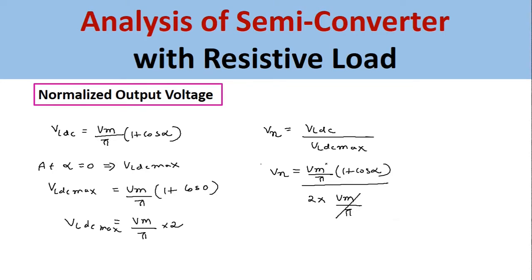So this Vm upon pi and this Vm upon pi will be cancelled out and we will get normalized output voltage is equal to 1 plus cos of alpha divided by 2. This can be written as 0.5 into 1 plus cos of alpha. So this is the equation of the normalized output voltage for the semi converter with resistive load.